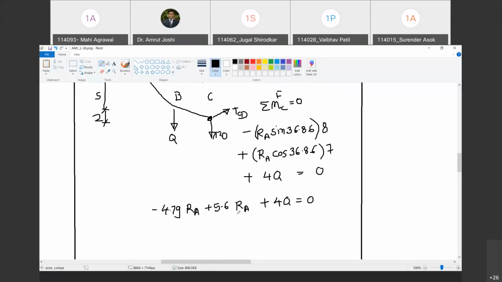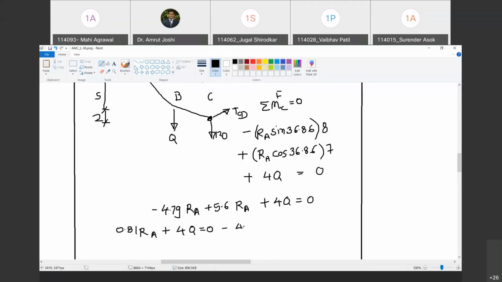Now further simplify it. 5.6 minus 4.79. How much? 0.81. So 0.81 times RA plus 4 times Q equal to 0. Happy?